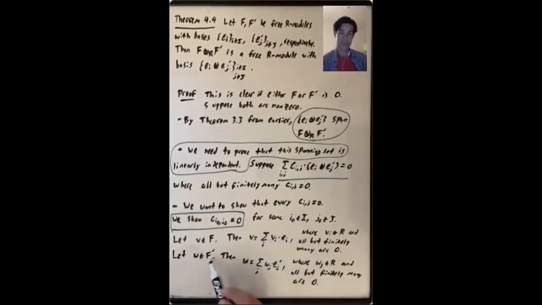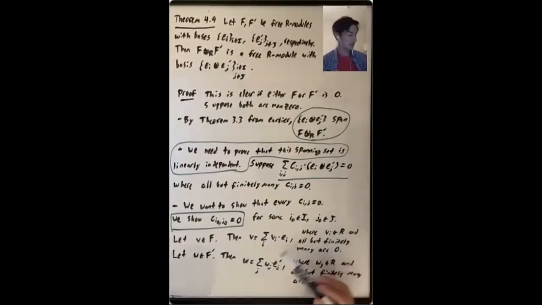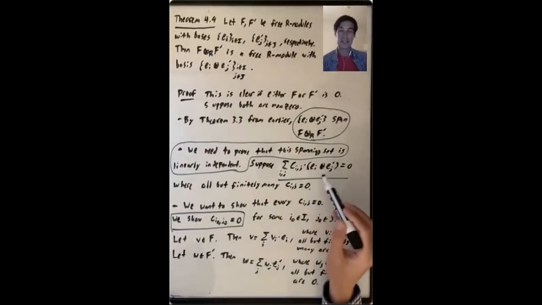Same thing over in F': what happens at the particular basis element corresponding to j0? We have w_{j0} times e_{j0}'. So I'll pause and erase, and we'll finish proving that this spanning set is actually linearly independent, so forms a basis for this free R-module.